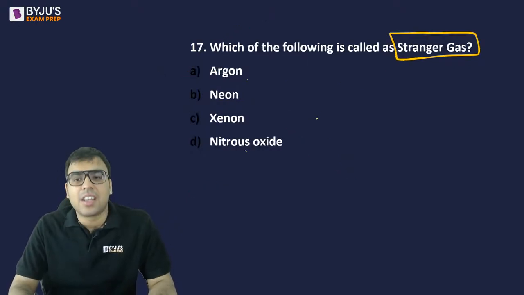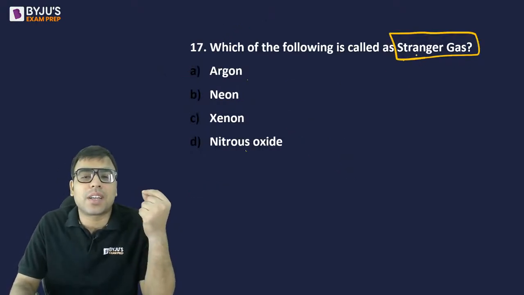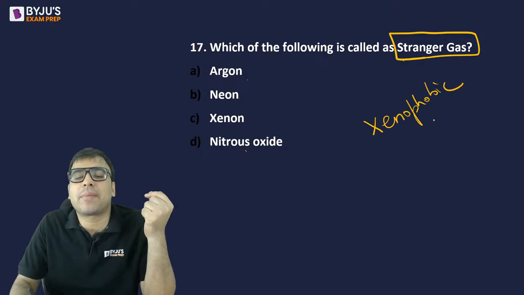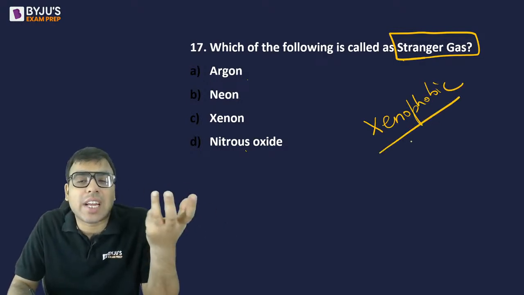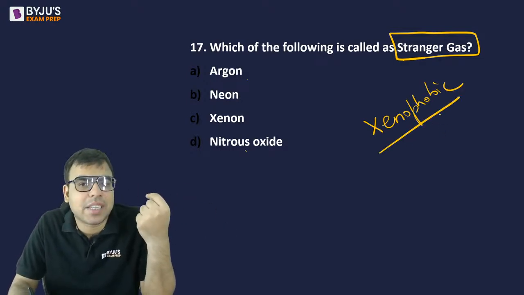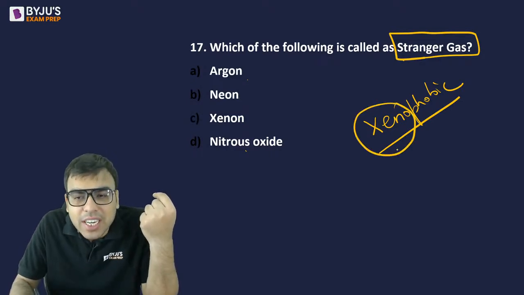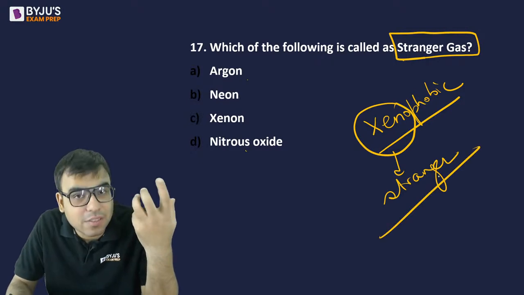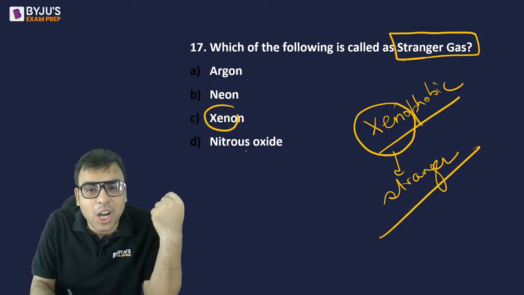हाँ, देखो स्ट्रेंजर, देखो have you heard this term xenophobic? Xenophobic sentiment means allergic to outsider. You must have heard it, xenophobic sentiment and all. So xeno is actually related with stranger. Xenophobia, these words are very famous. So there is the word xenon.